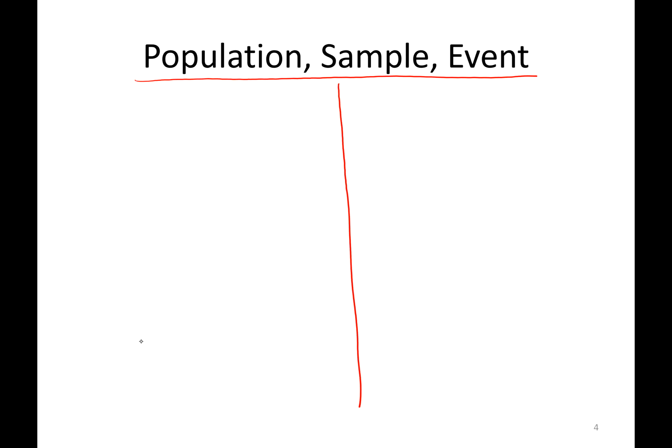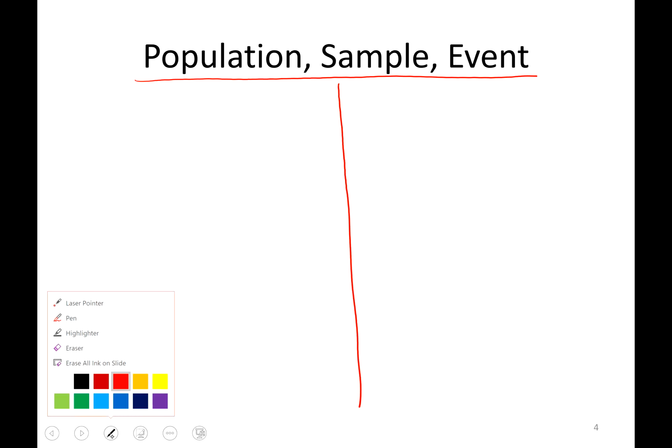So just to refresh your mind about population, sample, and event: many of you who have taken a statistics or probability class may have learned probability and statistics using a deck of cards and flipping a coin and so on.